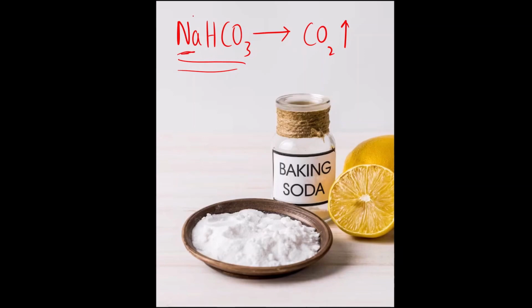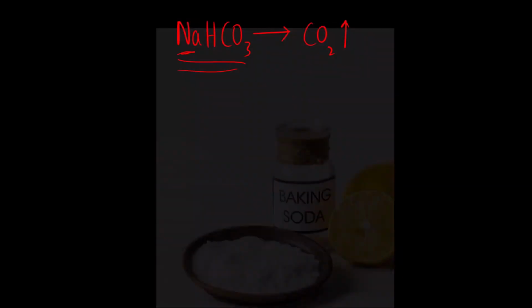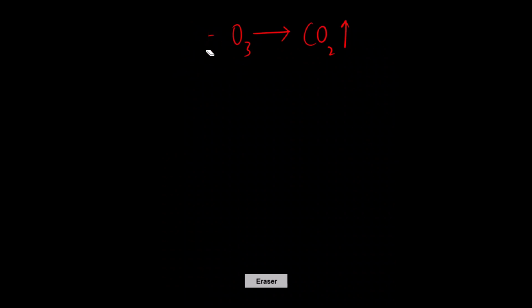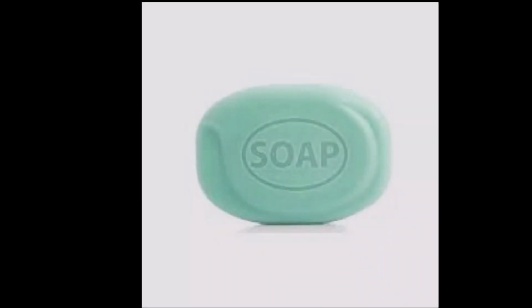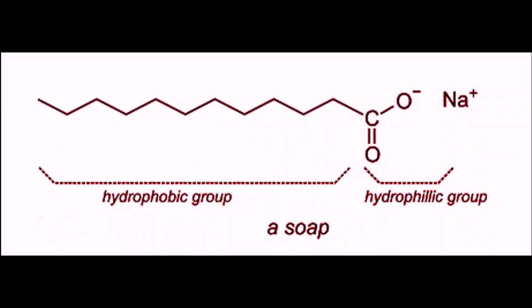So what we are seeing now are some of the compounds of sodium. First is baking soda, that is sodium bicarbonate. Now what are the other applications of sodium in daily life? It is soap. The soap that we use, if you see the structure of the soap, it is again a sodium salt of a long chain carboxylic acid.